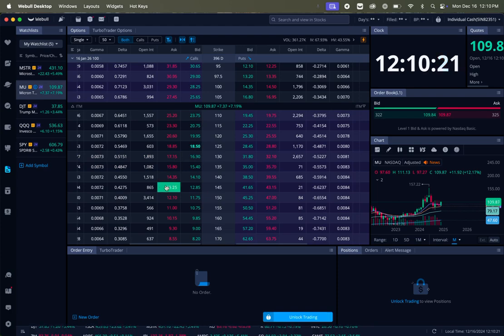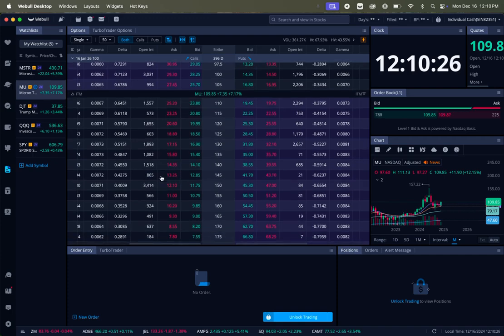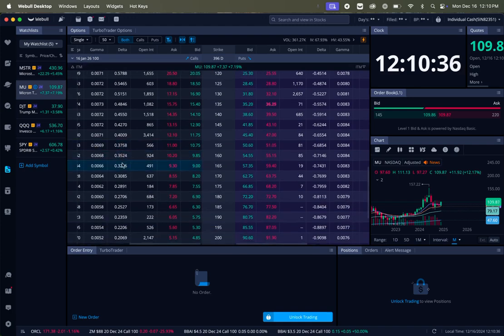Now, the next question is where's the 25 delta? Because remember, the 25 delta reflects the expected move from the current price to that given expiration date. In this case, if we go out, the 25 delta is somewhere between 185 and 190. That is about an $80 move from where it's currently at.